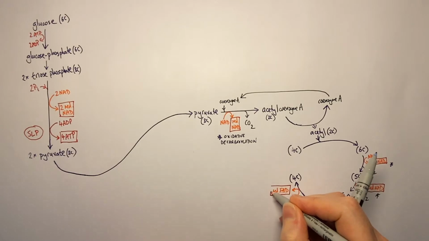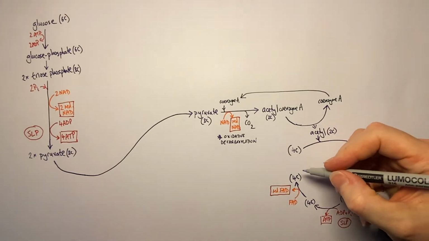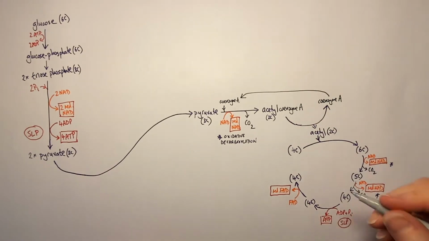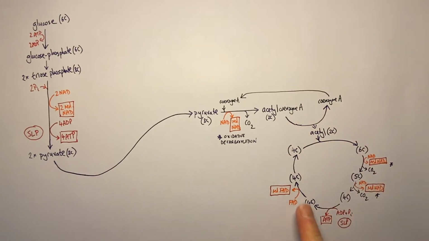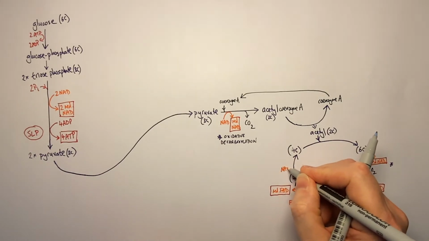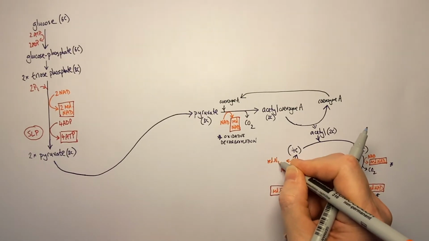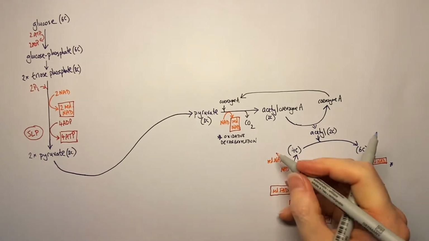It's just that NAD can't be used, so FAD is here. At least some of the hydrogens are being removed, and at least some of the energy is being transferred. And then finally, that 4-carbon compound forms that one, and in doing so, it loses a little bit more hydrogen to form reduced NAD. So this time it is NAD.